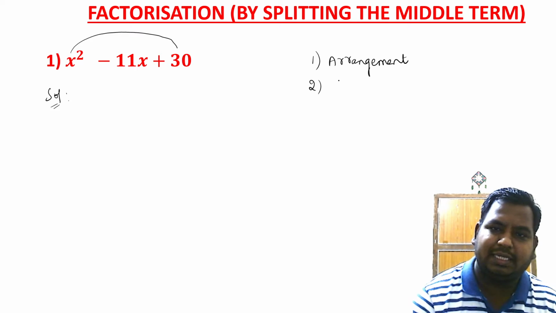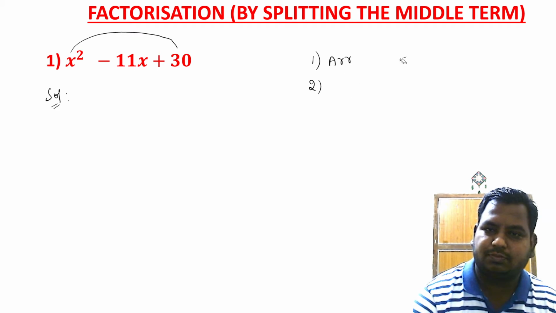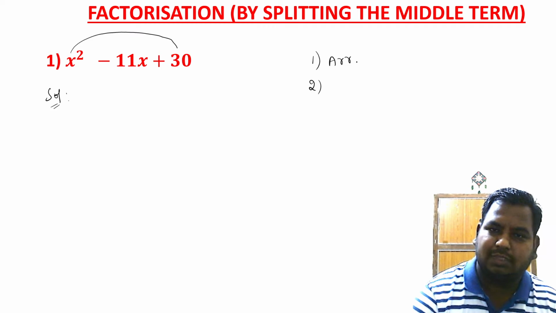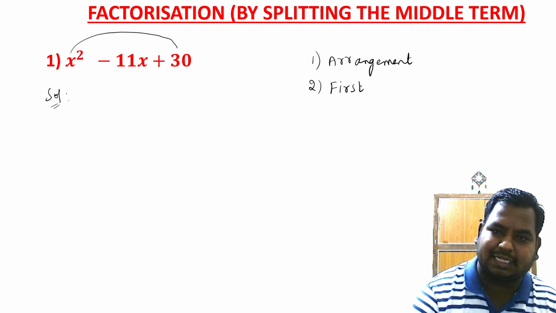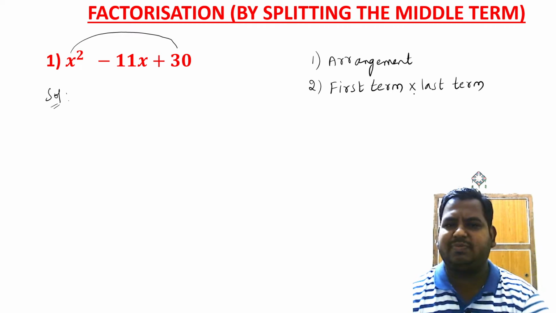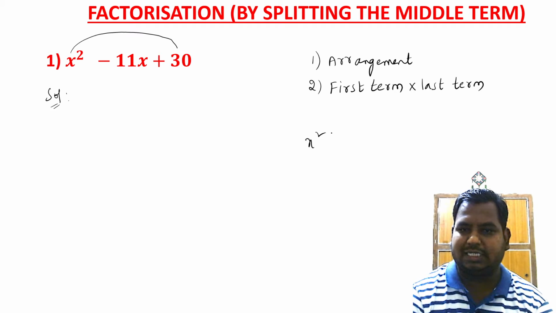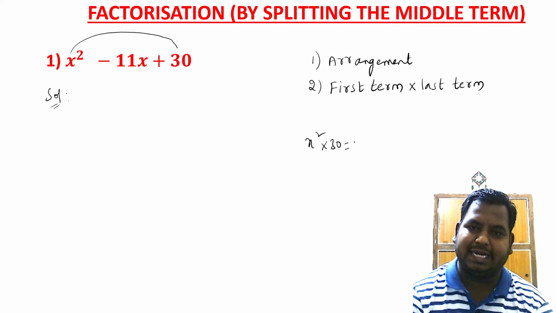We have to multiply x square and 30. X square into 30 is 30x square.